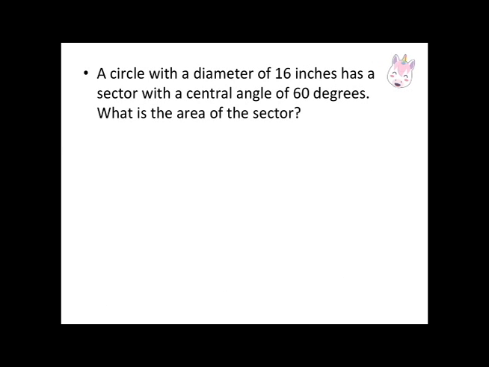Problem 2 reads, a circle with a diameter of 16 inches has a sector with a central angle of 60 degrees. What is the area of the sector? Alright, let's draw it out. We know that our diameter is 16, so that means that there is a radius of 8, and that our central angle is 60 degrees.